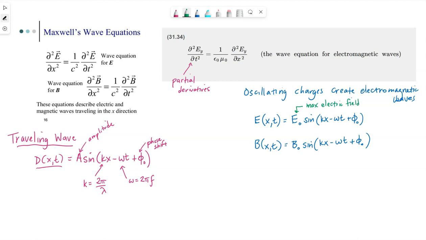That's the amplitude, meaning the maximum value. So in a given electromagnetic wave, there will be a max or peak value, the biggest value that the electric field will have. Similarly, B naught represents the maximum value of the magnetic field.